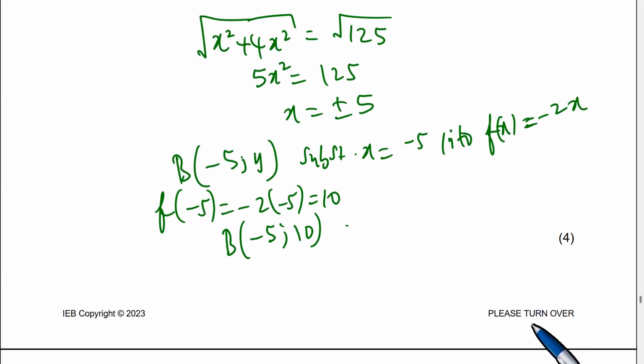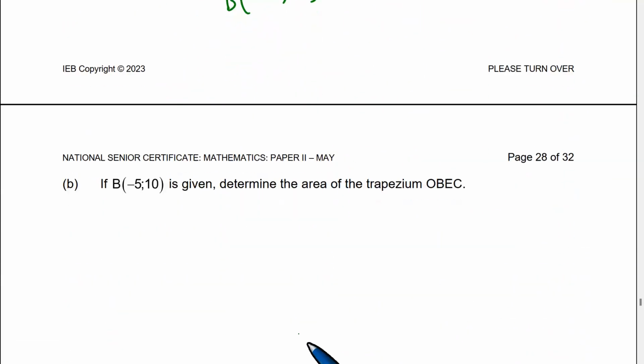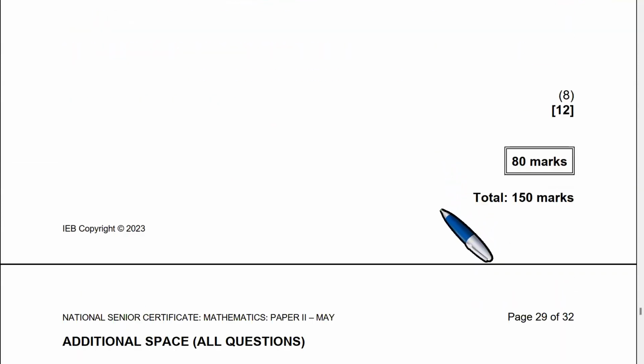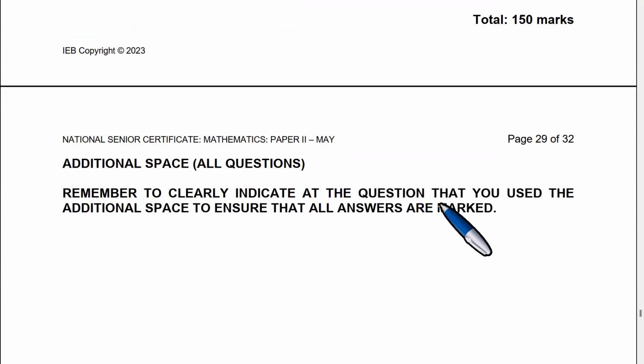Next. If B is given, determine the area of trapezium OBEC. Okay, might be the last question.